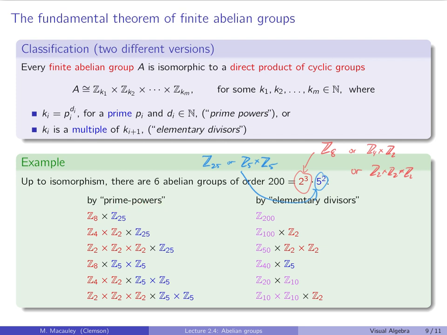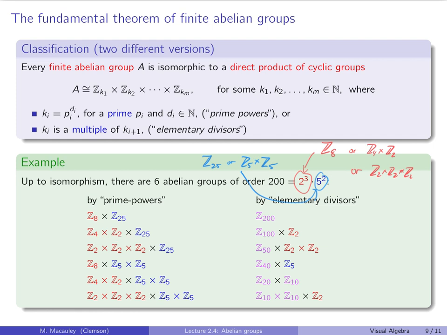But if you want to do it by elementary divisors, let me explain by an example really what this is about. What we can do here is take the largest prime power of 2, which is 8, and the largest prime power of 5. Those numbers are relatively prime, so we just put them together. We say this thing is the cyclic group of order 200 because 8 and 25 are coprime.